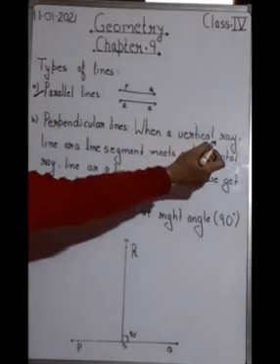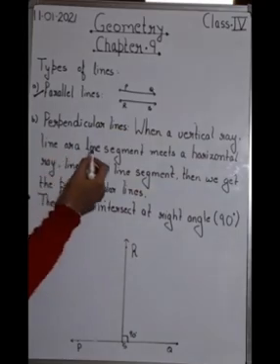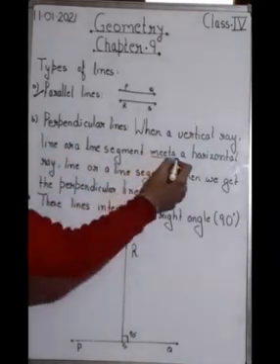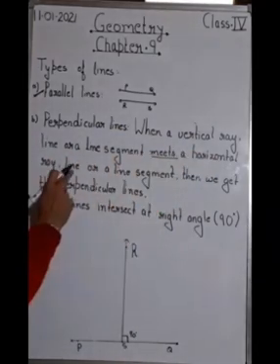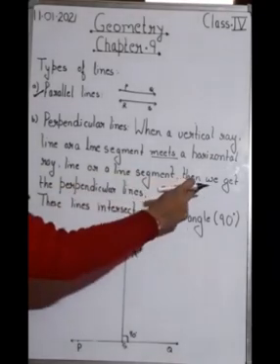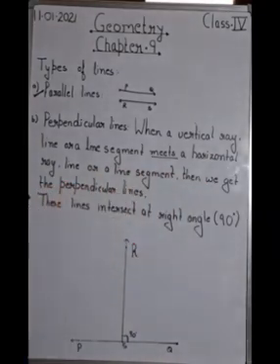When a vertical ray, line, or line segment meets a horizontal ray, line, or line segment, then we get the perpendicular lines.